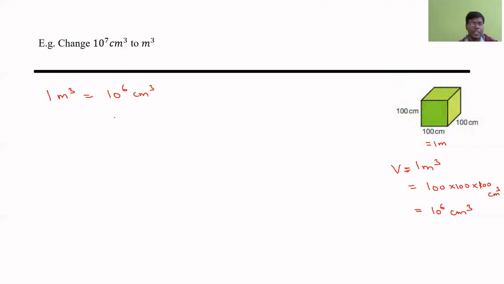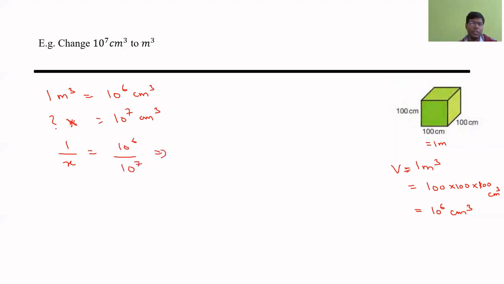Now he's asking 10 power 7 centimeter cube will have how many meters cube? So we have to change this 10 power 7 centimeter cube into meter cube. Let's take it as x meter cube. So I have 1 meter cube by x meter cube is equal to 10 power 6 centimeter cube by 10 power 7 centimeter cube.